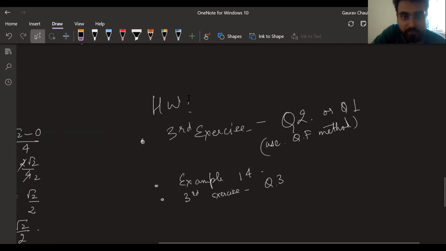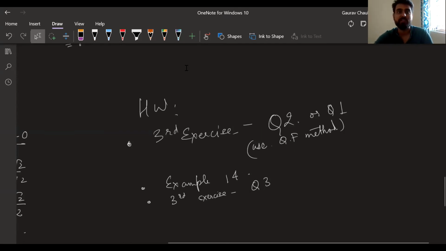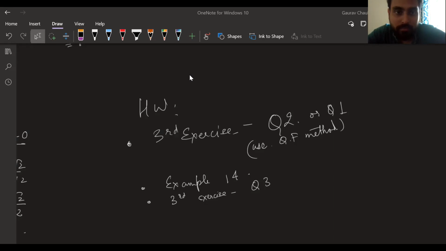So it's going to be very quick, very easy, very fast to do. You don't have much thinking. You just have to substitute in the formula, minus b plus minus root of b square minus 4ac, by 2a. So it's not going to take more time. These two, example 14 and the third exercise, may take time.